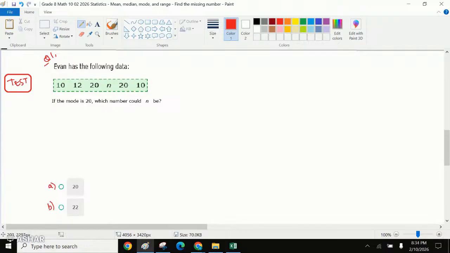You need to remember something. When the value of n is already given to us in the options, then we do not have to worry more, because the possibilities would be out of these 2 options only, right? So when they're saying the mode is 20, we know that mode is the most repeated number, right?